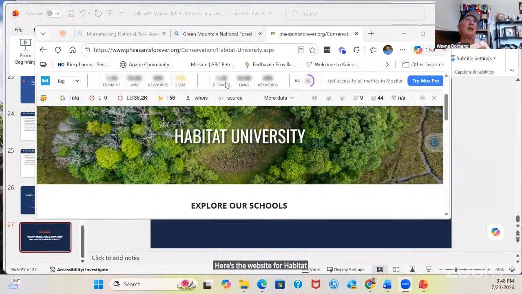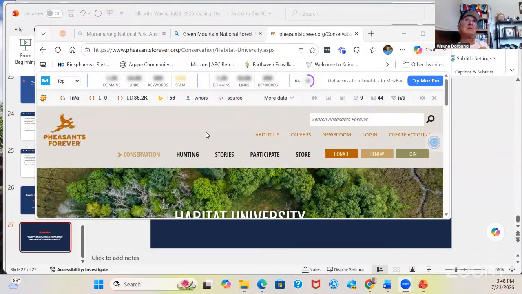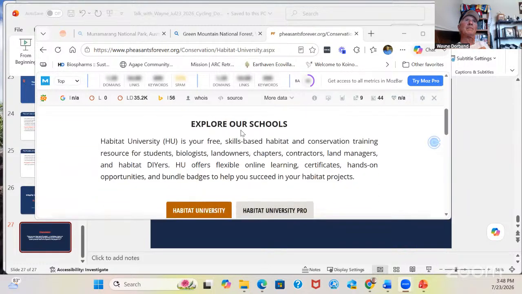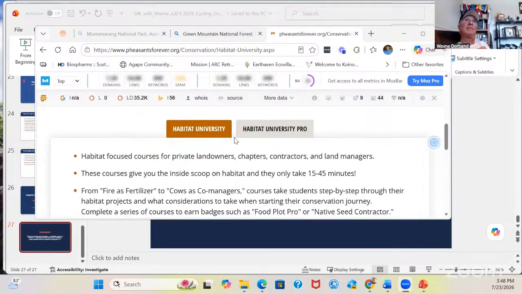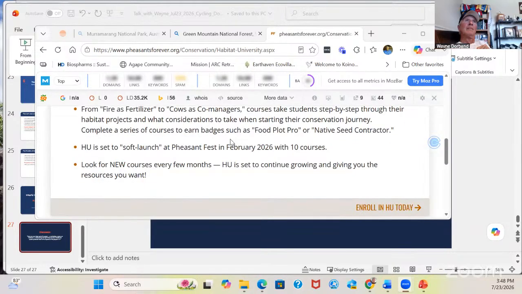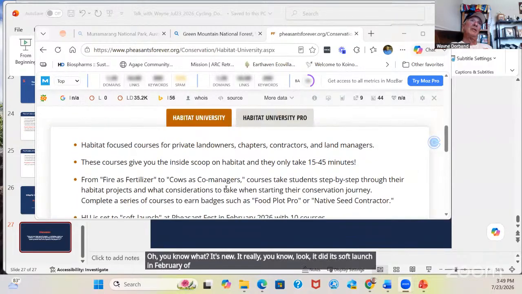This will come out of the picture here in a second. Oh, you know what? It's new. Look, it did its soft launch in February of this year. Really cool.